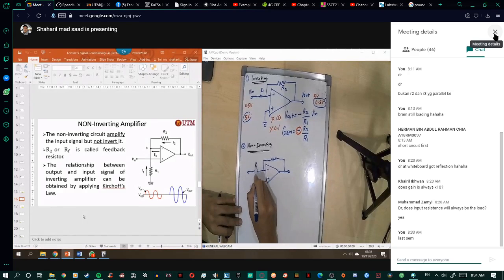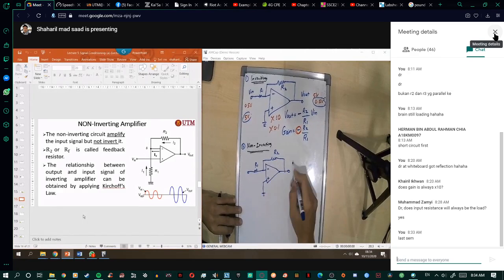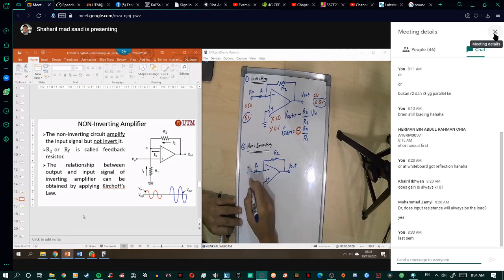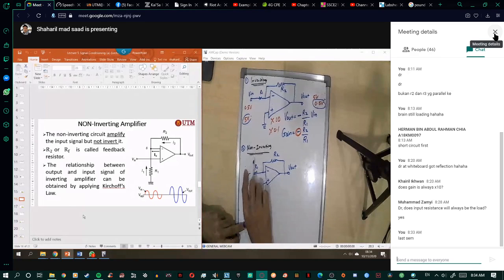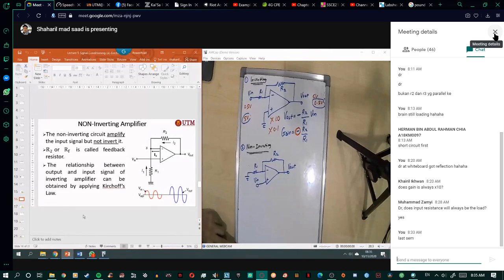So this one R1, R2, and this one V out, and also V in. Now in order to draw the non-inverting, you just switch this ground and V in here. So delete here and delete here. This one is shorted to ground, and this one is V in here. Okay.